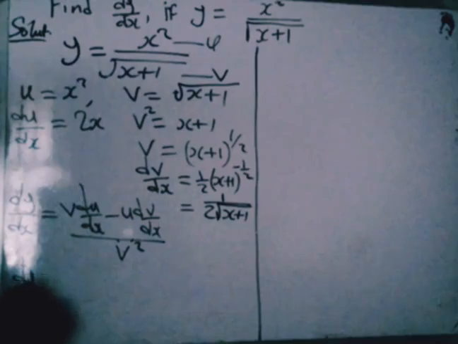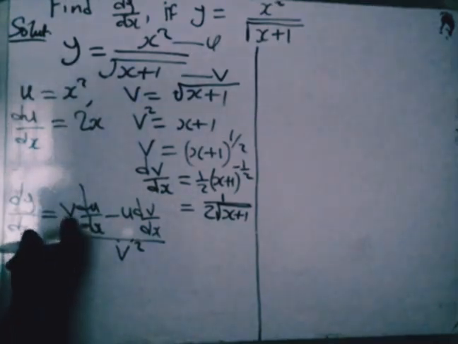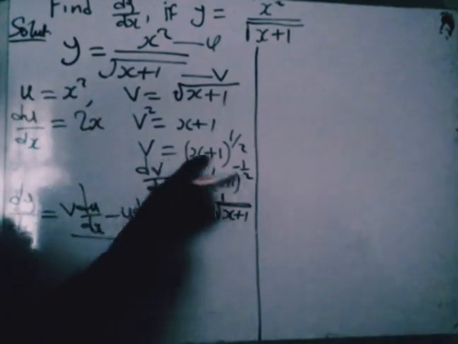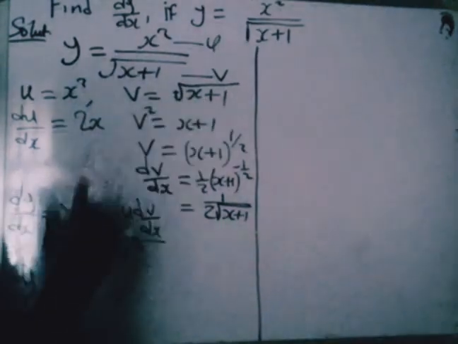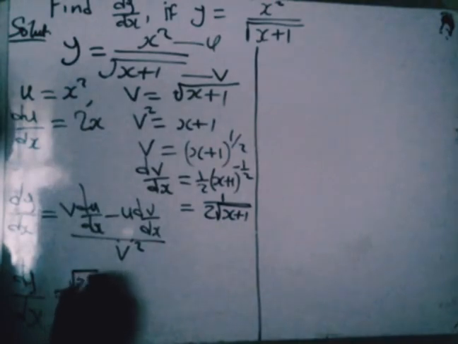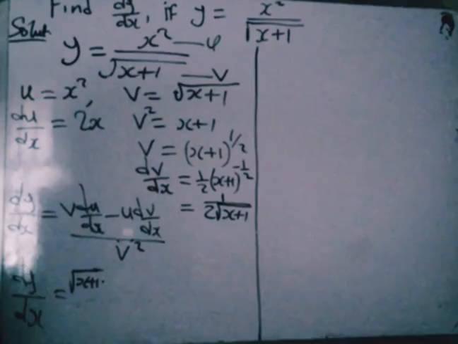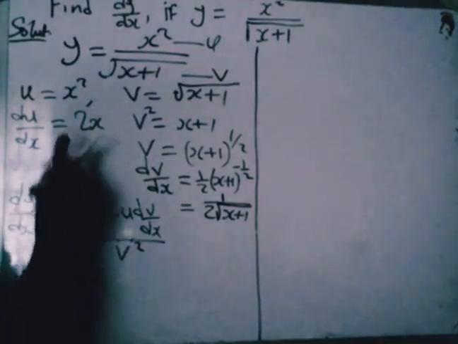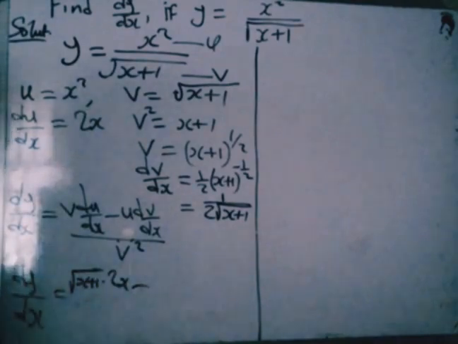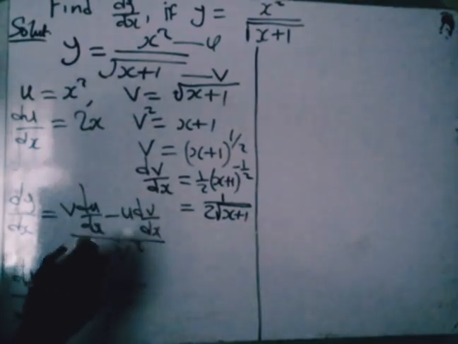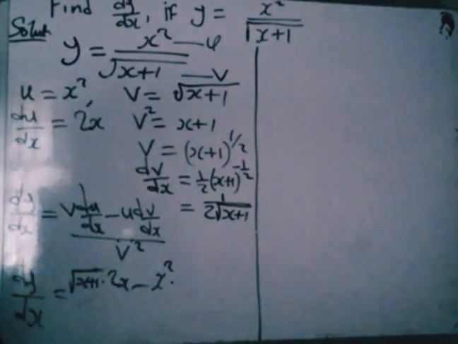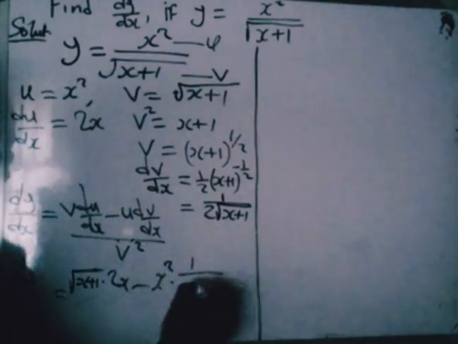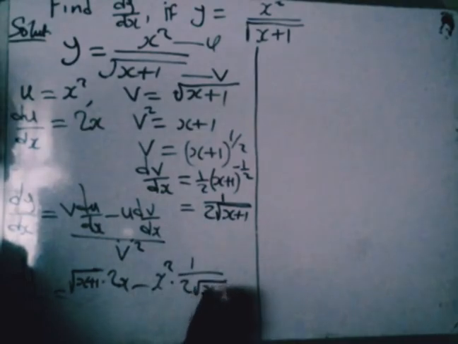So dy/dx will be equal to our v. This is the value of v. Remember when we calculated for v, it was the square root of x plus 1, multiplied by du/dx, which is 2x, minus our u, which is x squared, times dv/dx, which is 1 all over 2 root x plus 1.